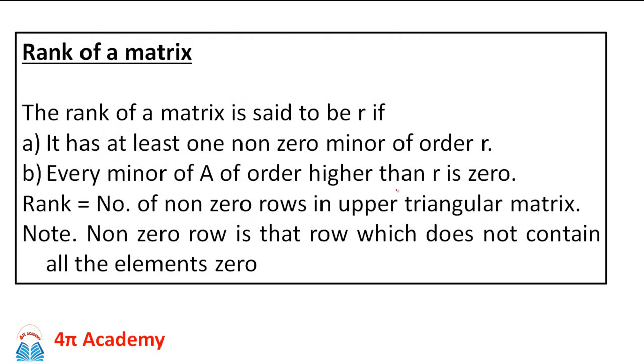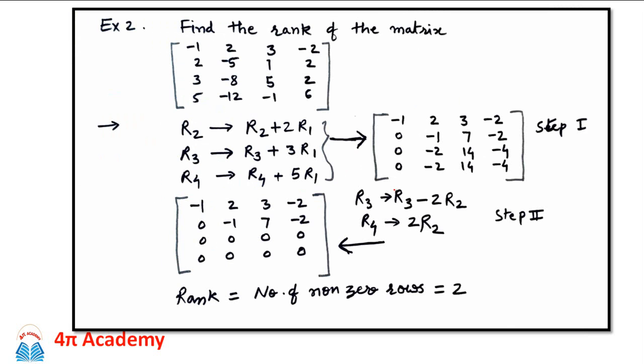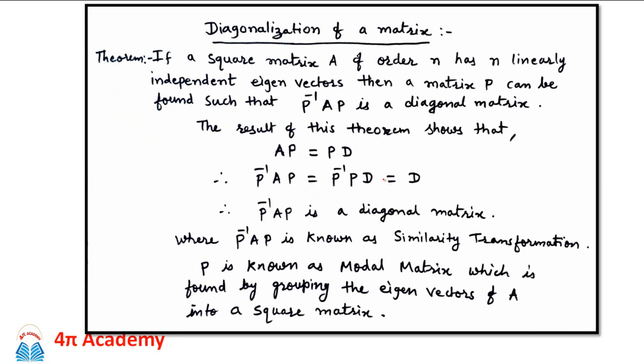We have discussed how to find the rank of a matrix, and we have taken 2 examples on this. Then we have discussed the method of diagonalization of a matrix, that is, the theorem for diagonal matrices. Then we have seen what is meant by modal matrices.